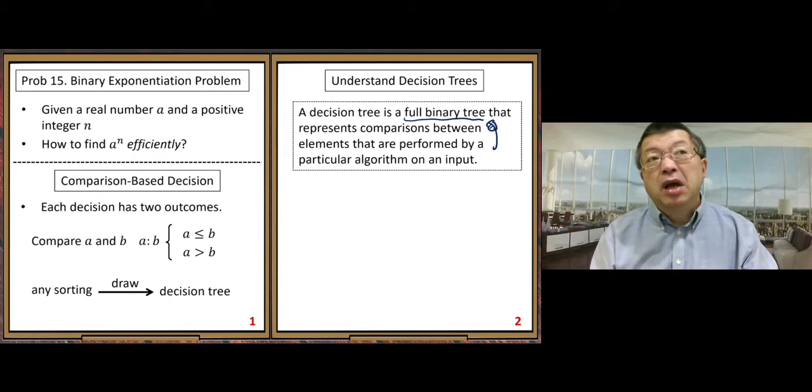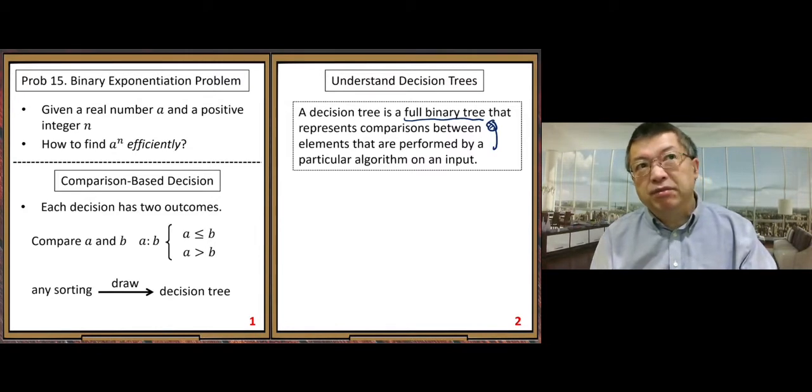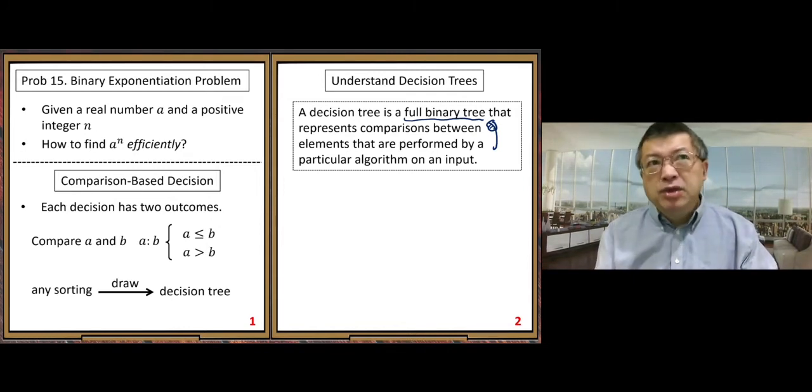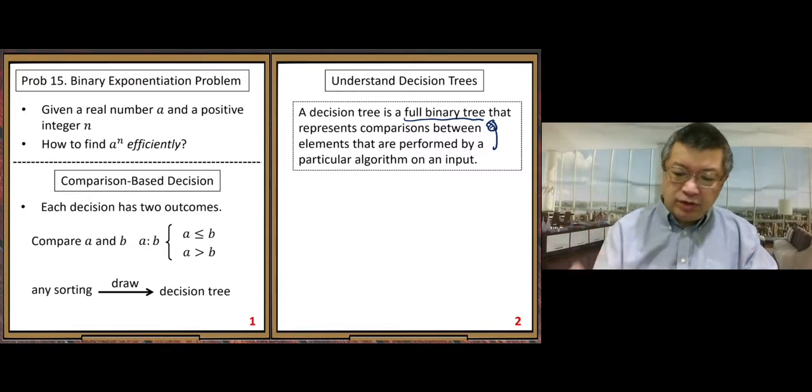Otherwise, if our algorithm does not fit this model, then we cannot use a decision tree, right? But sometimes we want to use a decision tree. So that's one special point.